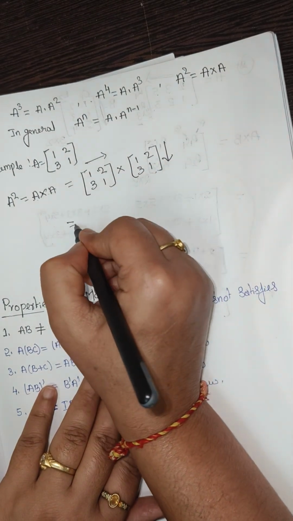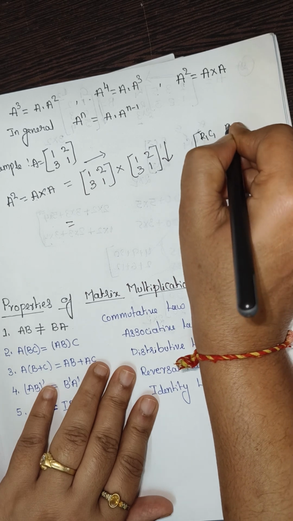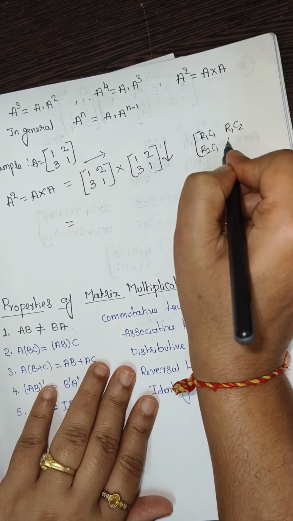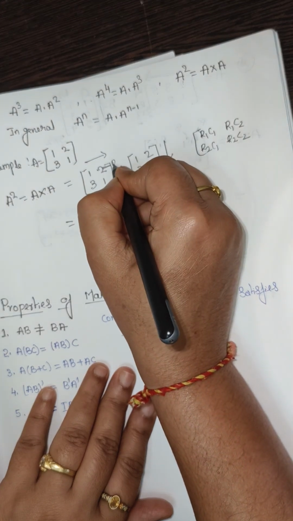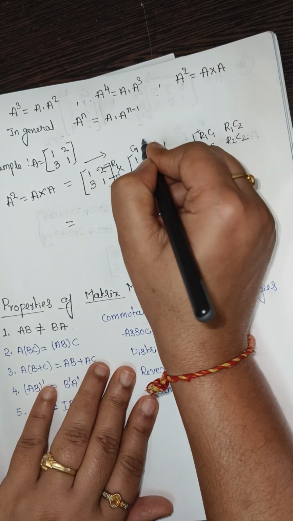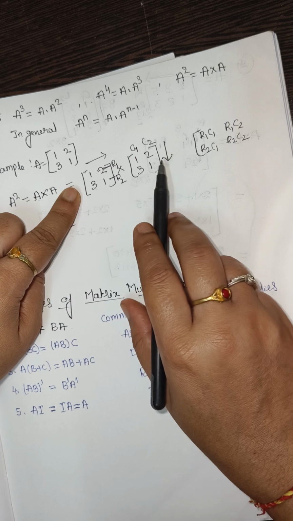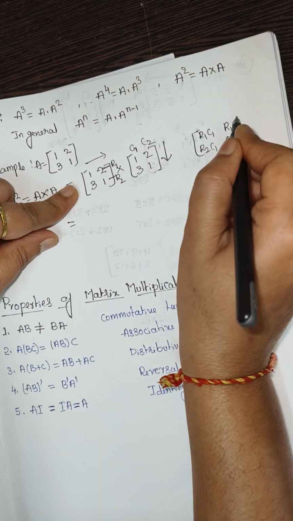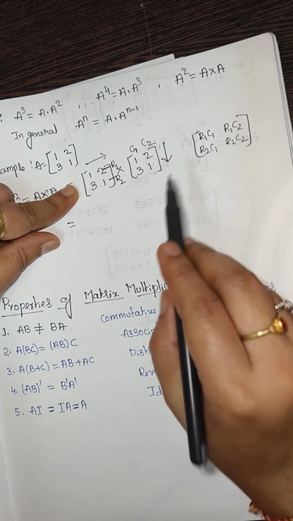I will write here R1 C1, R1 C2, R2 C1, R2 C2. You have to take row 1, row 2 from the first matrix, and C1, C2 from the second matrix. Hope all of you got this. Otherwise, write it like this and you will never forget.